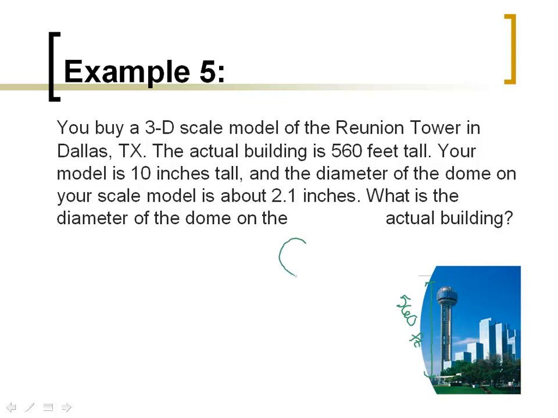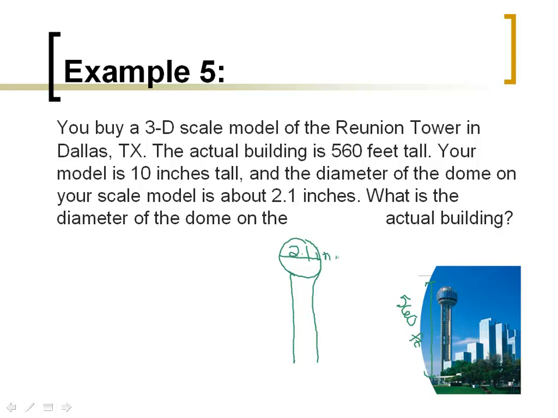So I've got this Reunion Tower. Okay, here's my model. And I know it says the diameter of my dome, so across my dome here is 2.1 inches. And it says my model is, oh, I read that wrong. My model is 10 inches tall.